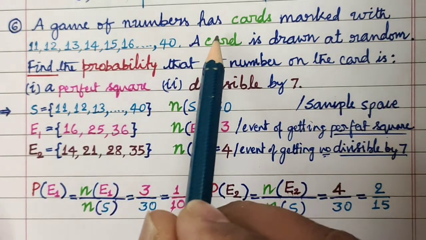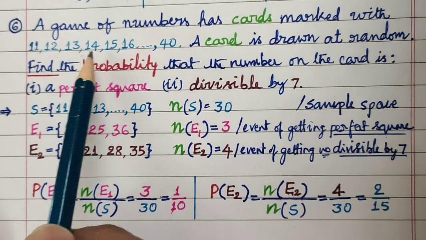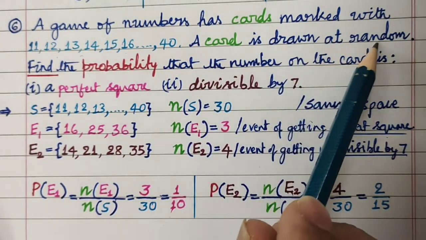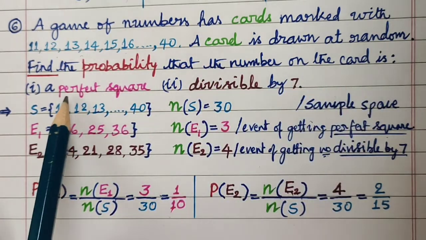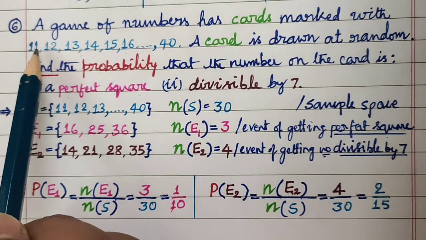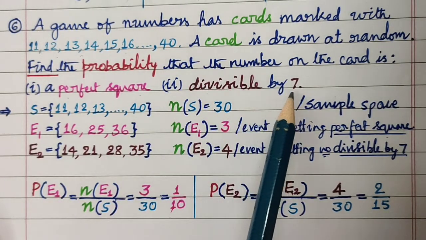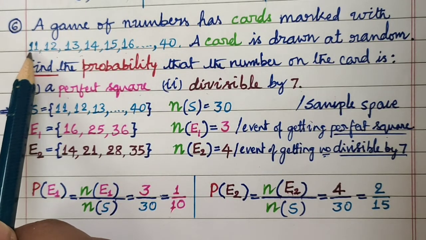A game of numbers has cards marked with 11, 12, 13, 14, 15, 16 up to 40. A card is drawn at random. Find the probability that the number on the card is a perfect square, divisible by 5, or divisible by 7, from 11 to 40.